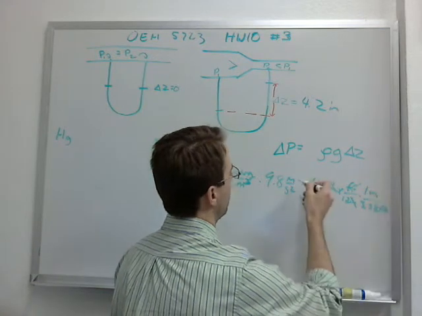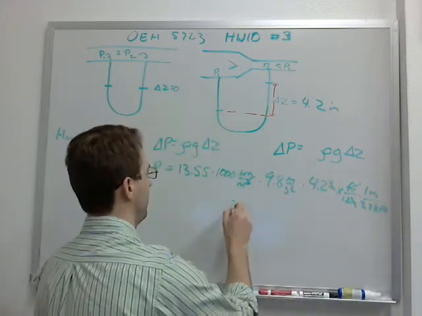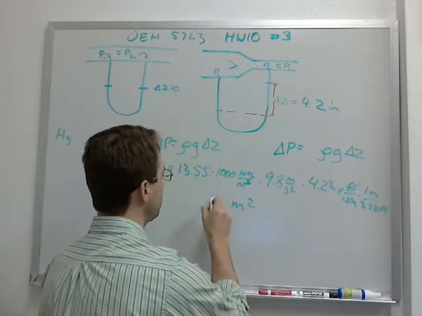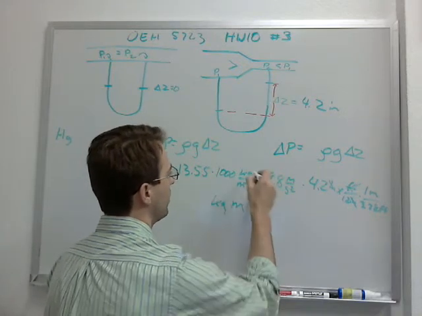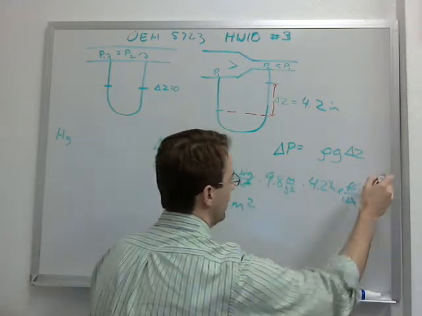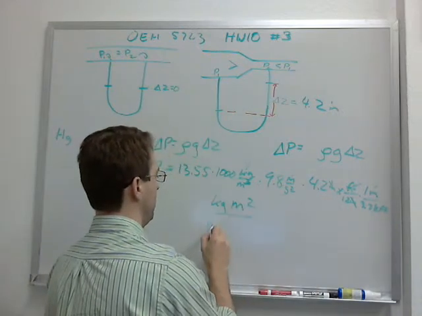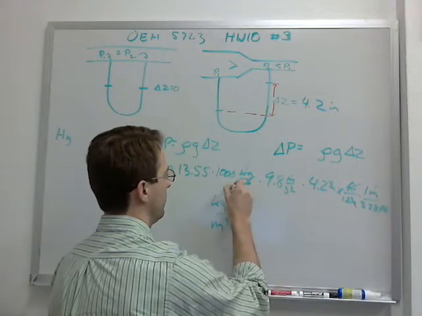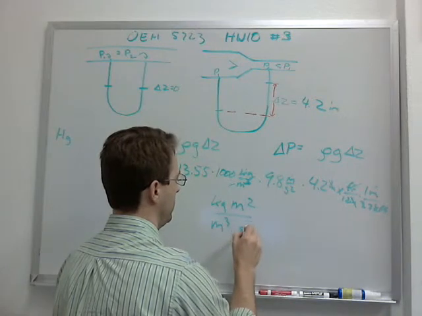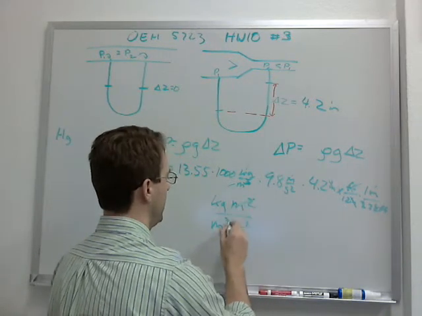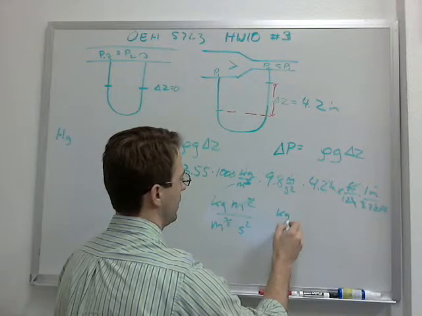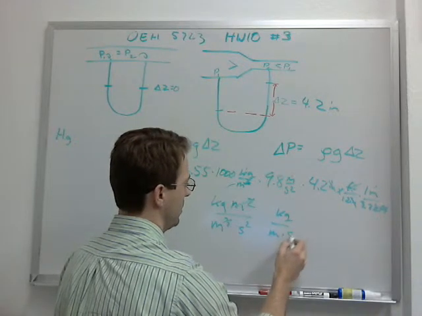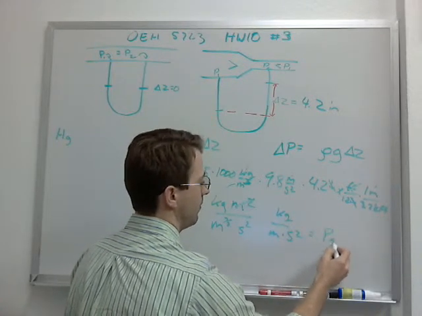We have meters squared, kilograms, cubic meter, and seconds squared. These cancel, and we're left with kilograms per meter second squared, which is a Pascal.